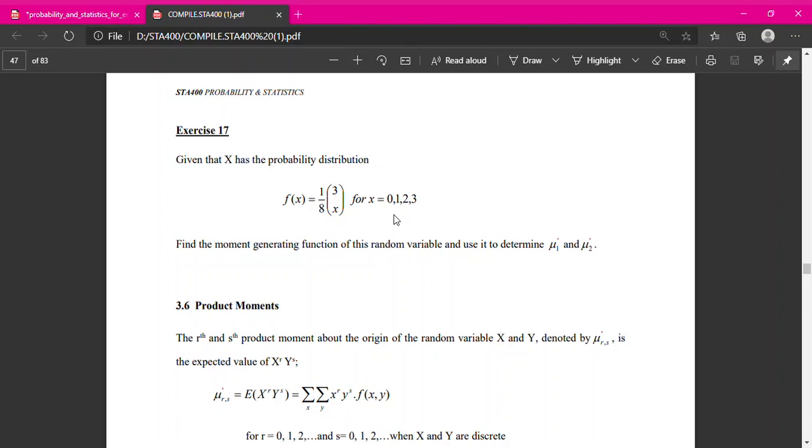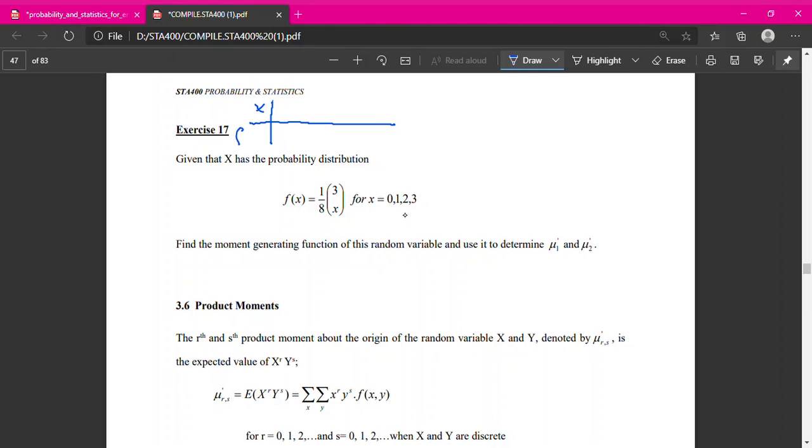Kenapa kita katakan discrete? Sebab kita tengok dia punya possible value dekat sini. Alright, so first thing first, untuk memudahkan you nak kira, nak cari MGF nanti, expected of e^tx, so put the PDF function ke dalam bentuk table.